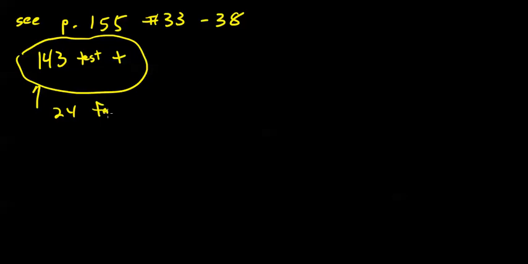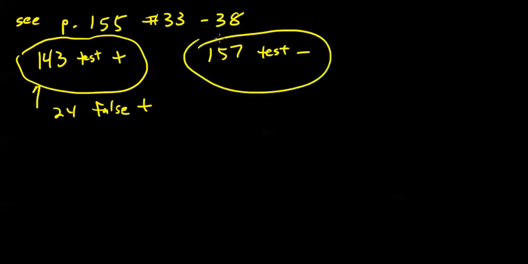The book also tells us there are 157 negative results. They test negative for marijuana use. And of those, there are 3 false negatives. Okay? What I'm going to do is generate a table, much like that lie detector test table.